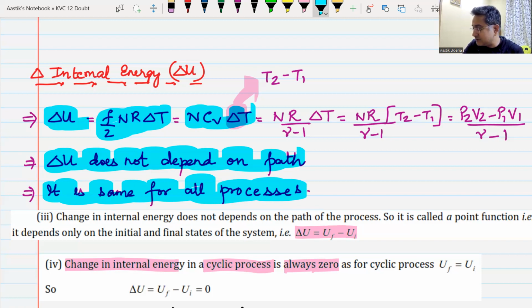Just now you said it, sir. Yes, beta? I'm not able to understand what you are saying. Change in internal energy. I must remind you, after doing so much hard work for 3-4 classes, I think I'm back to square one. I just don't understand what I should teach next.